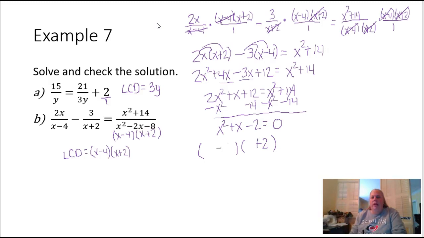Positive 2 and negative 1, because negative 1 times positive 2 is negative 2, and negative 1 plus 2 is positive 1. And then my variable is x.